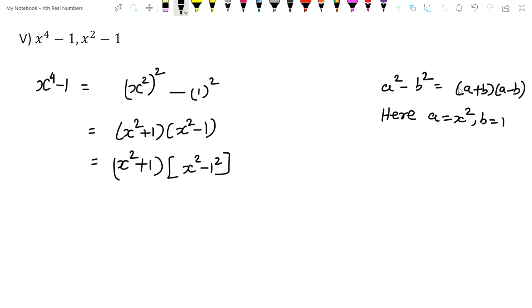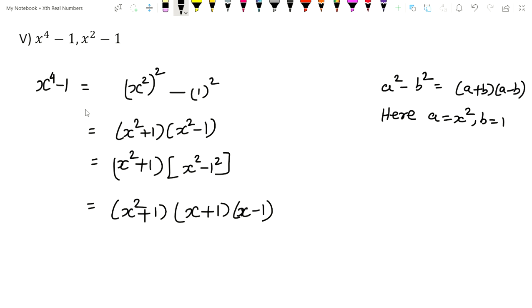Again you should apply this identity. So x square plus 1 into, here again apply a plus b, a minus b, where a equals x, b equals 1. So x plus 1 into x minus 1.